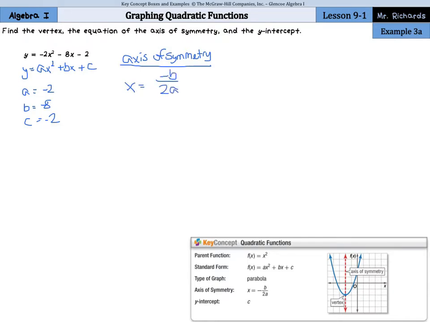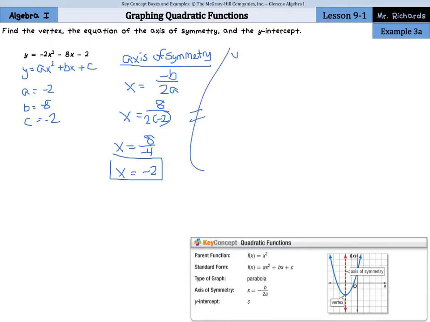I can just put that negative with the b, and it'll make it a little bit easier to calculate. So we'll have x equals the negative of negative 8, which is just a positive 8, over 2 times negative 2. Well, that gets me x equals 8 over negative 4, which means x equals negative 2. So the axis of symmetry is x equals negative 2.